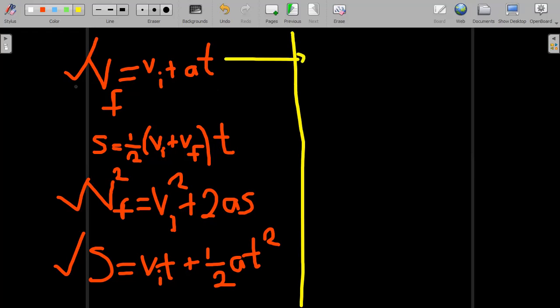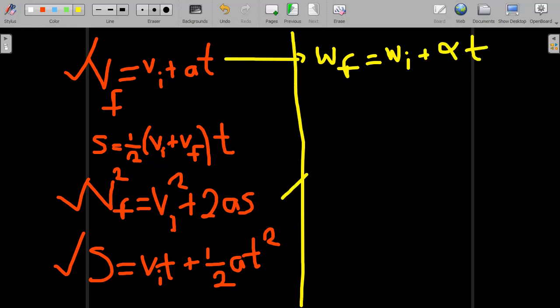Velocity under circular motion is denoted by what? Omega. Okay. So this equation we expect to come out this way. The acceleration is supposed to be what? Alpha, like that.